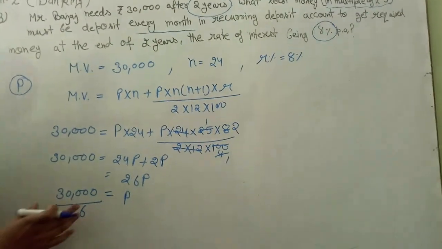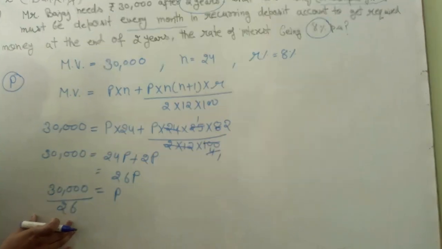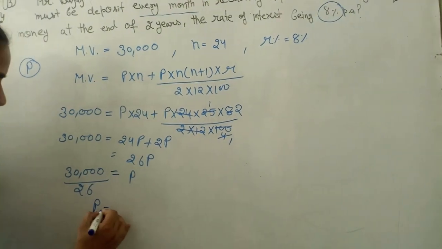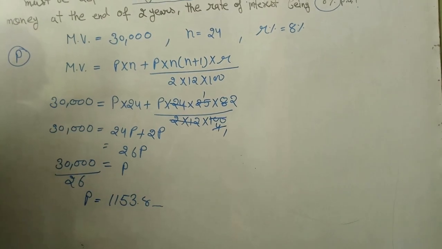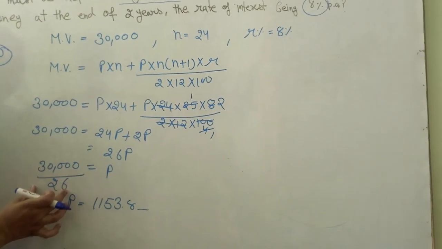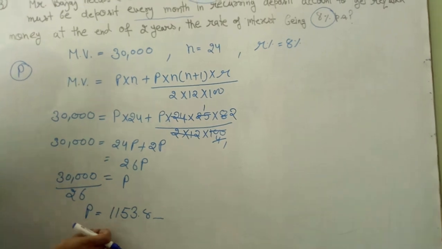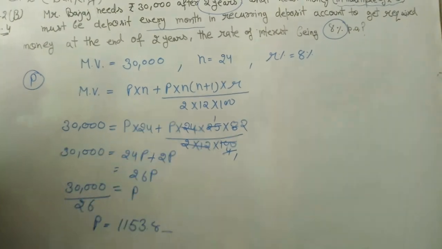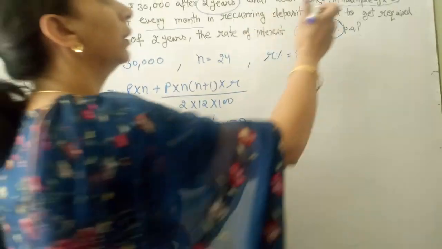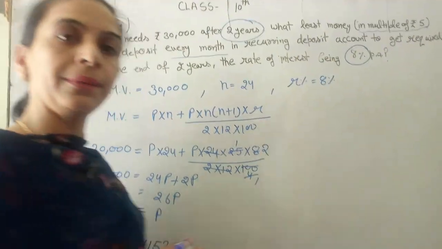If we divide 30,000 by 26, we get P equal to 1153.8. Now, there is a rule of multiples of rupees 5.